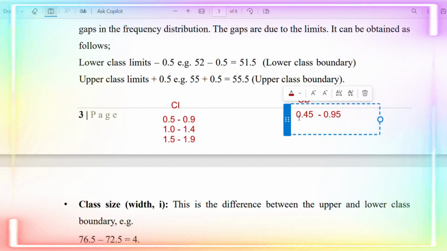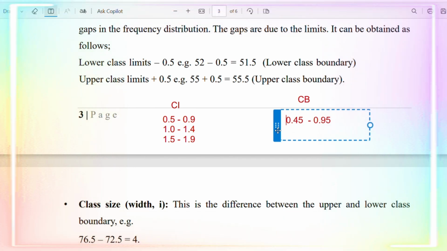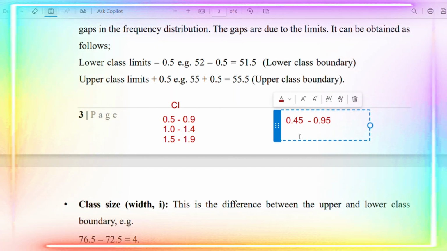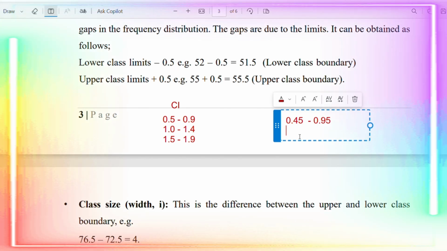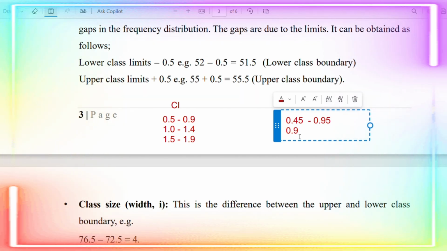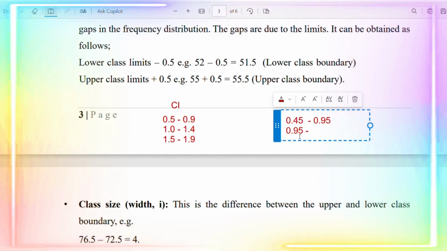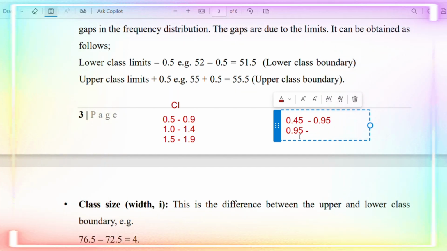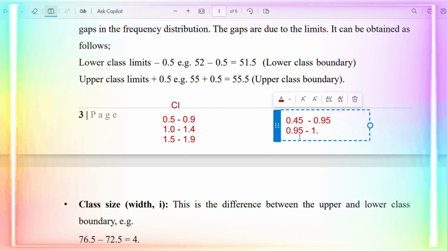Then the next class will be 1.0 minus 0.05, that will give you 0.95, to 1.4 plus 0.05, that will be 1.45.